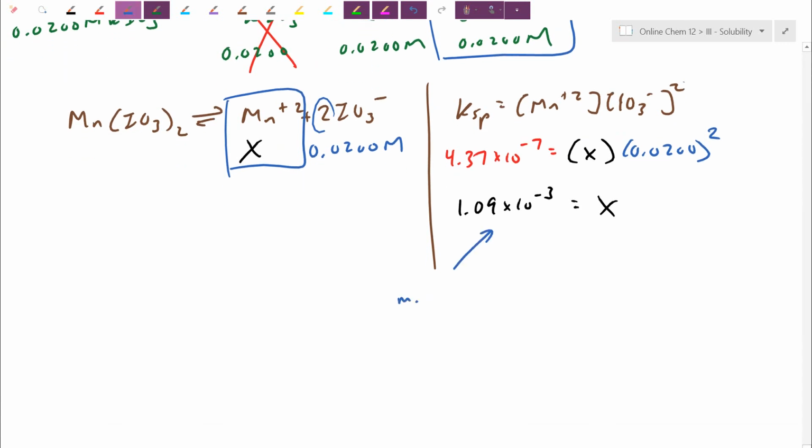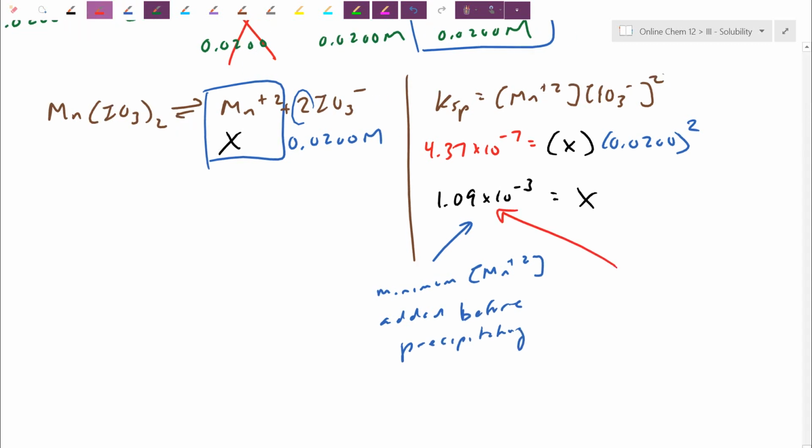This is the minimum concentration of manganese added before it just starts precipitating. Or just to contrast that, by the time you actually toss that in, this is also the maximum manganese dissolved in this 0.0200 molar iodate solution.